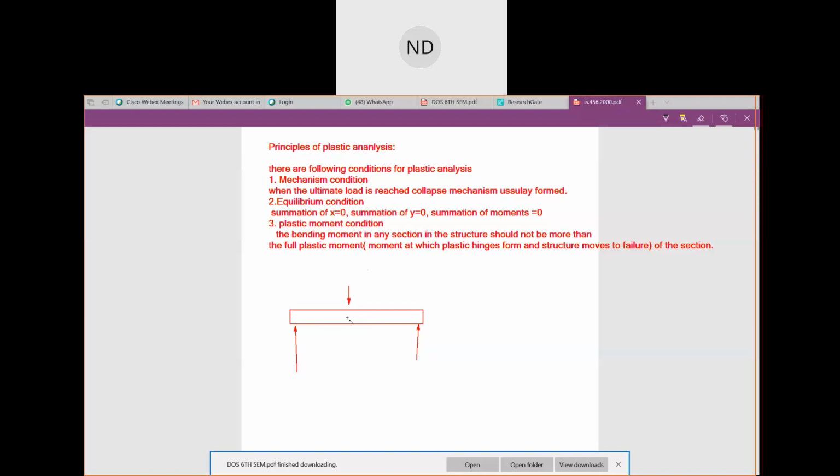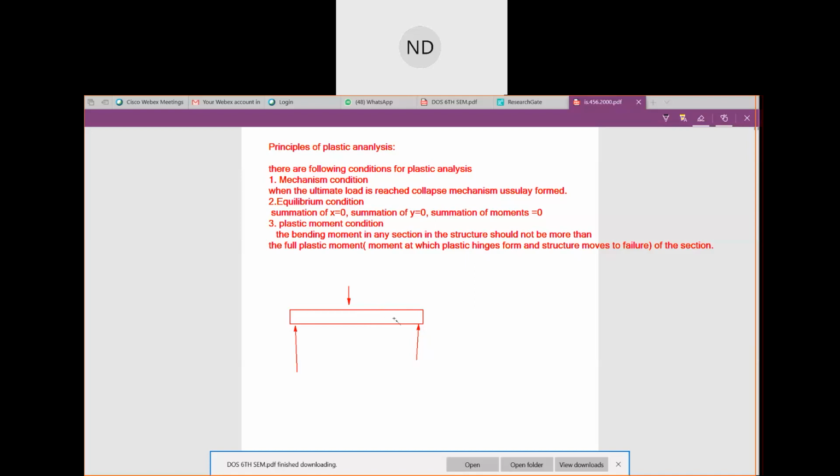At this stage, now what happens? The moment which has converted the stresses into the yield stress is said to be a plastic moment.